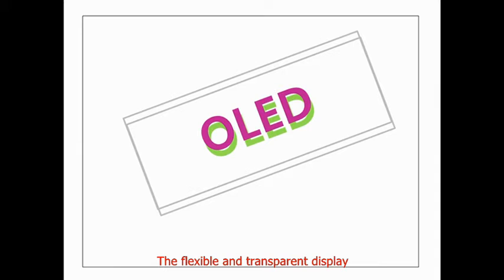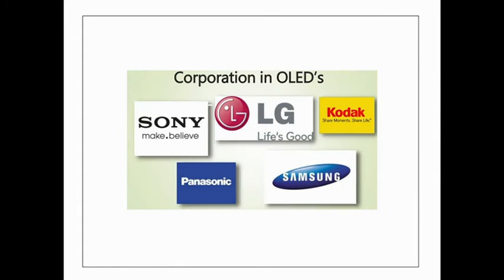The flexible and transparent display is called OLED, and it stands for organic light emitting diode. You are watching various advertisements regarding OLED displays on TV channels. For example, if we talk about mobiles, various manufacturers are producing mobiles with OLED displays.